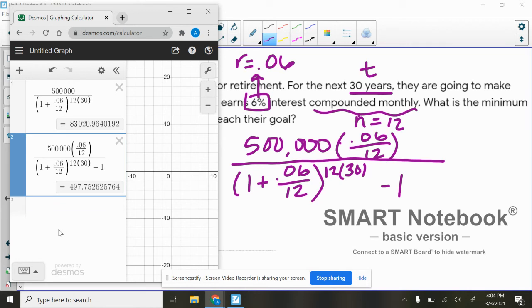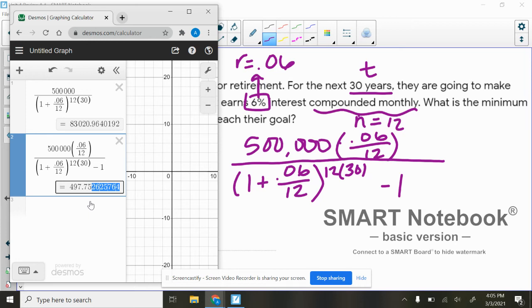And we're going to go ahead and take that and subtract 1. So this looks like this would be their monthly deposit to make to get that $500,000 over the course of 30 years. And we do want to round that to 2 decimal places.